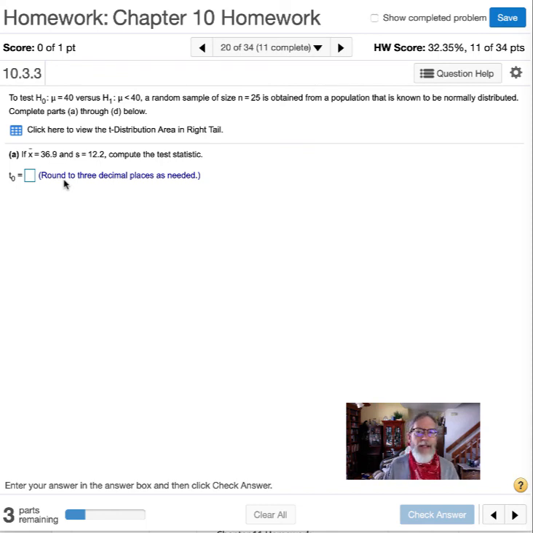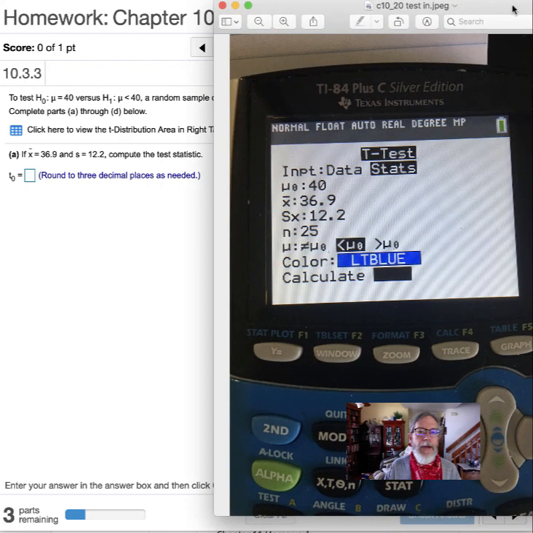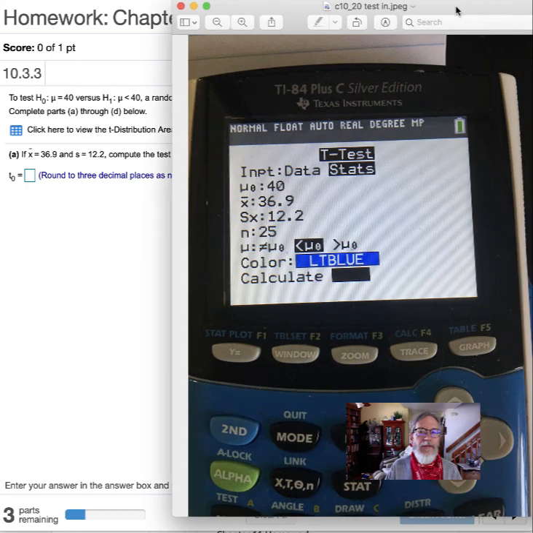I need to run a t-test because we do not have the population standard deviation. I don't have a way to actually video my calculator. So I input the data and chose the t-test. Notice that the input is stats. We don't have to put raw data into L1.